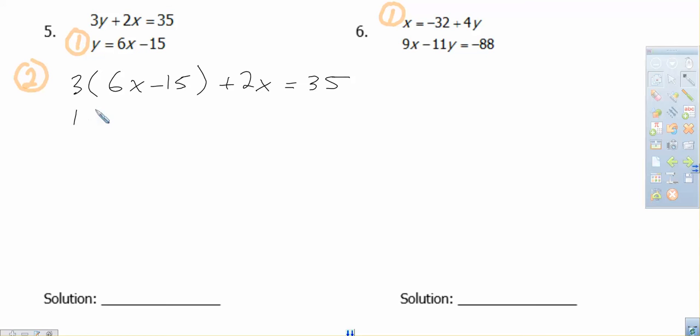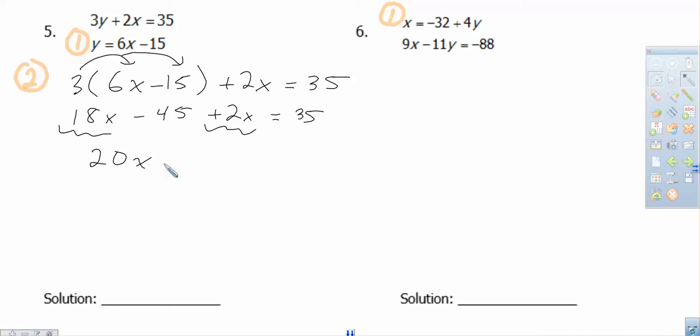We get 18x minus 45 when we distribute that 3, plus 2x equals 35. When we combine like terms, that gives us 20x minus 45 equals 35.